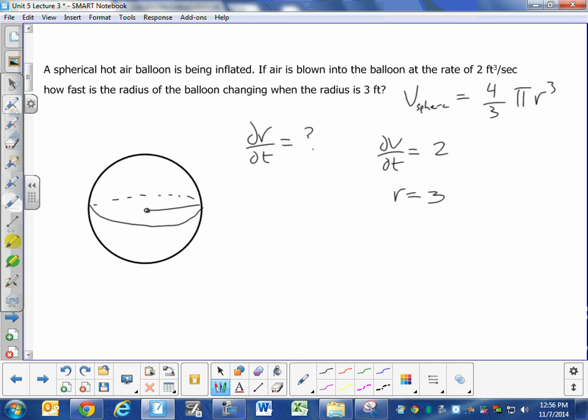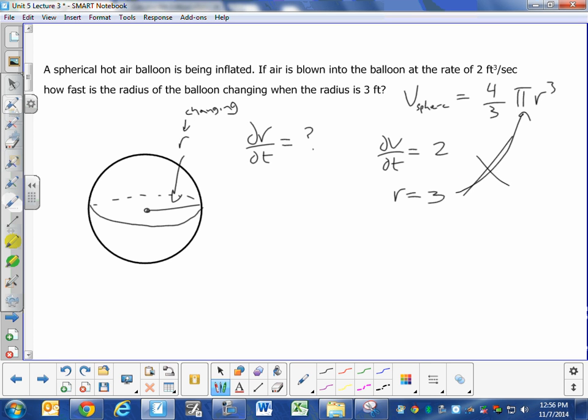Now let's think about this r that's equal to 3 and this radius right here. Is this radius a fixed value? No. It's a value that is going to be changing because the balloon is getting blown up. The radius will be always expanding. So since it's a variable quantity, it is a changing quantity, I am not going to plug this 3 in to that r.